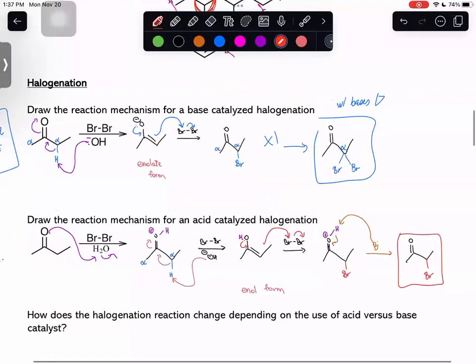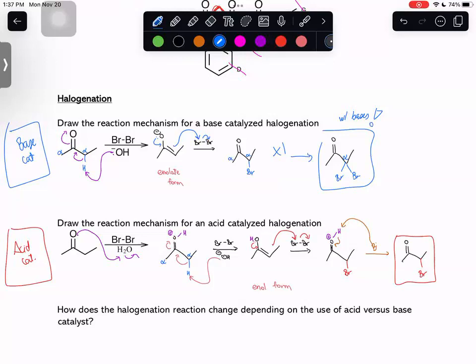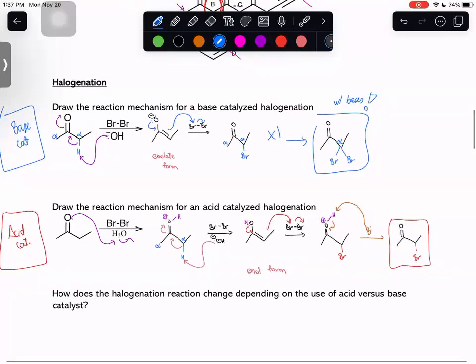And that's it. So they are pretty similar, but again, depending on whether you use a base or an acid, you're going to get different tautomers. Now, what would be a shortcut for this reaction?